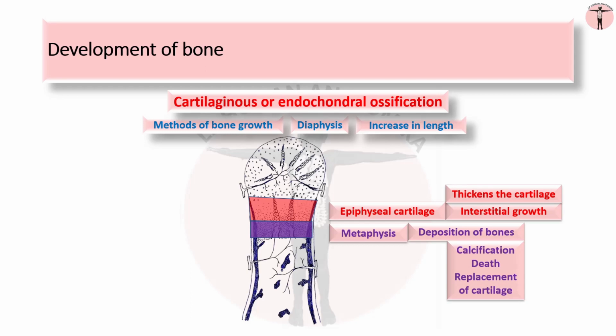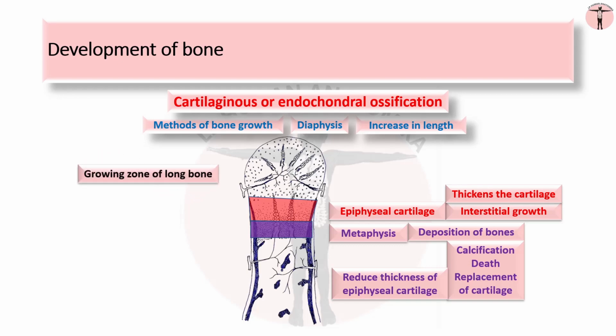The deposition of bone at its diaphyseal surface reduces the thickness of epiphyseal cartilage. So both these processes help the epiphyseal cartilage maintain the same thickness throughout bone growth until it completes its ossification. Epiphyseal cartilage and metaphysis together constitute the growing zone of a long bone.